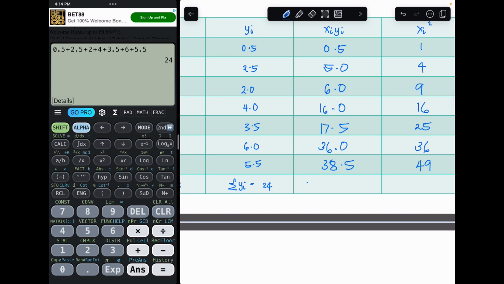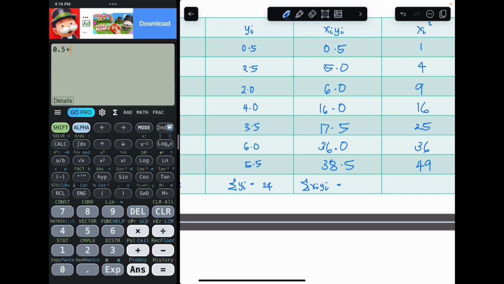And then for the summation of x sub i times y sub i, we have 0.5 plus 5 plus 6 plus 16, 17.5, 36, and 38.5.